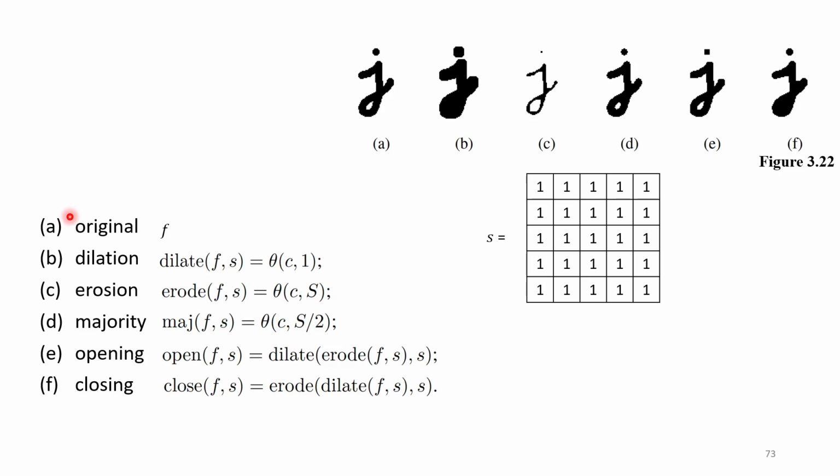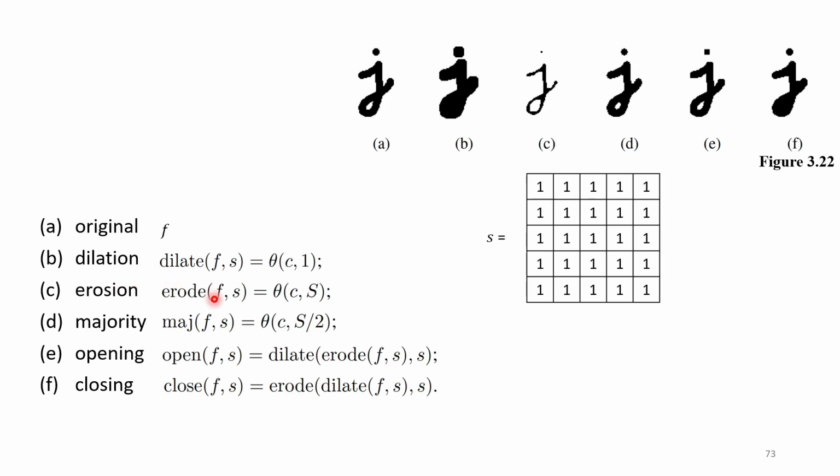Then there are some widely used binary operations. Dilation. Dilation means we set the threshold as 1. So it means if there is any pixel in your nearby region and its value is 1, then your value will be 1. So for the Z, it will be enlarged, dilated.